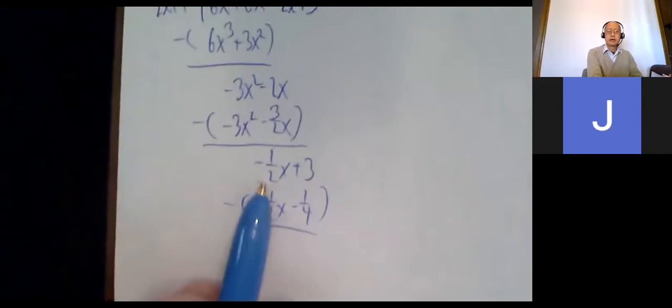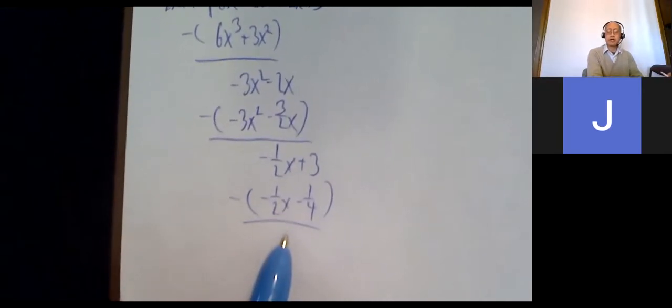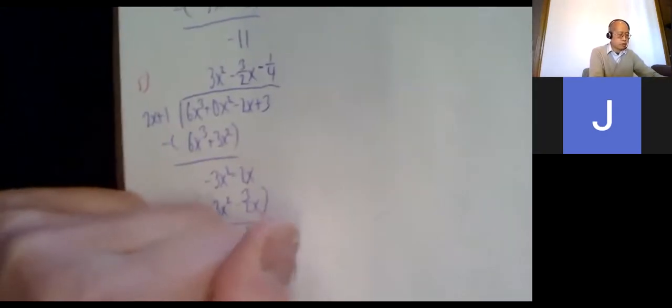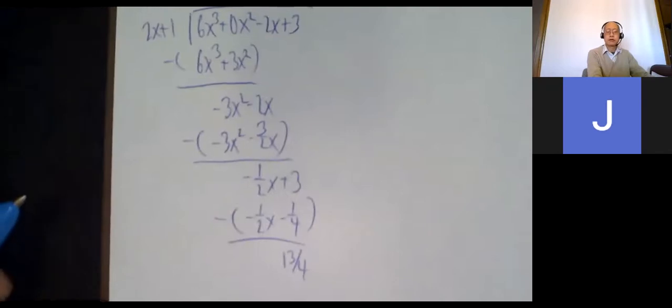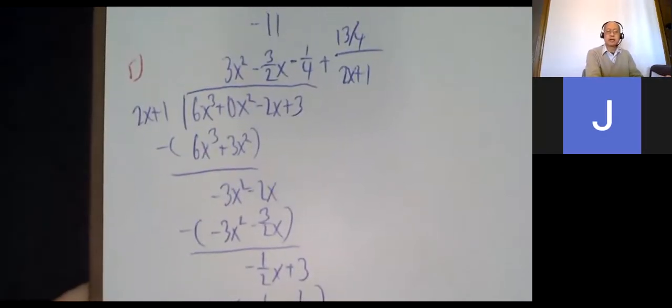Subtract. This cancels out. 3 minus a minus, 3 plus 1/4, is 3 1/4, or 13/4. 13/4 is my remainder, plus 13/4 divided by 2x plus 1. So definitely a lot more clumsy because of the fractions, but it can still be done.